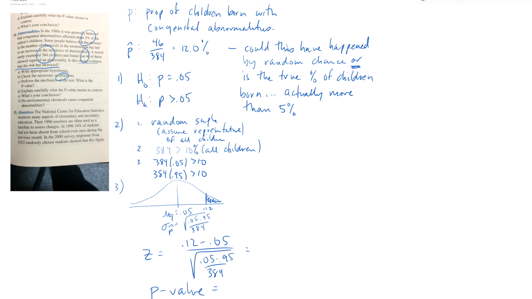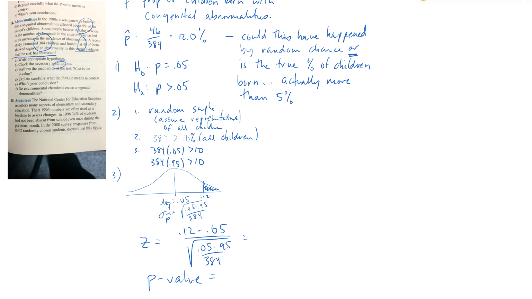will be what? Well, I'm going to do this on my calculator, so I go to Stat, over to Tests, and down to 1 prop z-test. P0 is 0.05, first entry. X is 46, because we have 46 up here in my sample that had abnormalities.